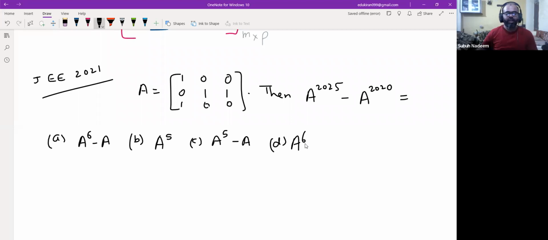Which one option is correct among these?